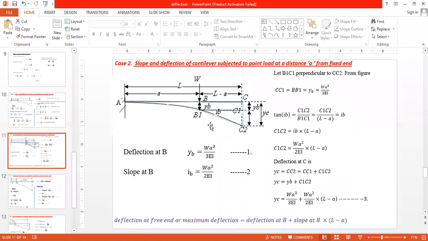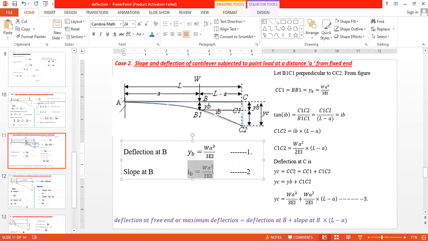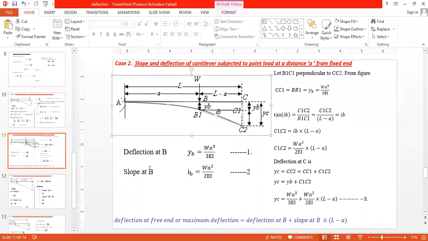The slope at B is equal to the slope at C. That slope we calculated as W a square by 2EI, the last equation we used as it is for this load at distance a.